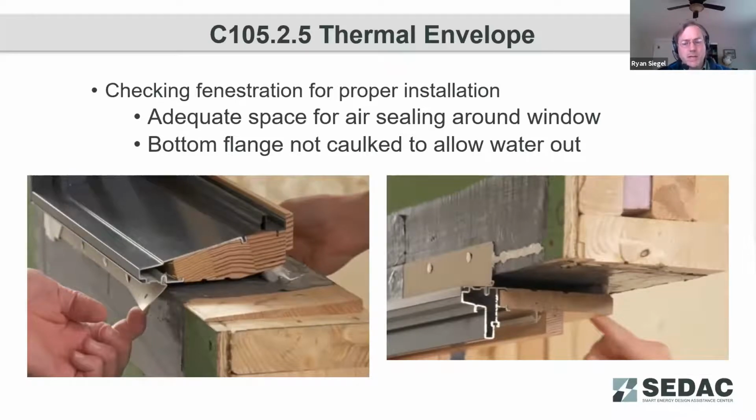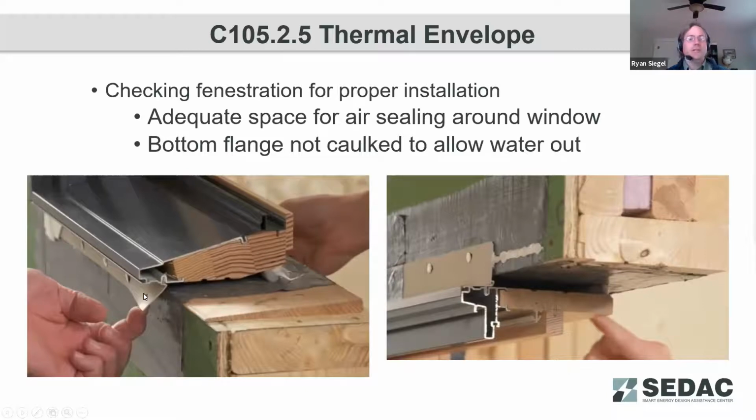And so best practice now has shown that moving those two seals and those two needs apart actually has improved performance of buildings. And so the outer seal being for water and the inner seal being for air.